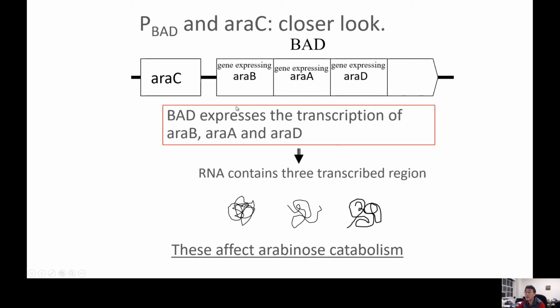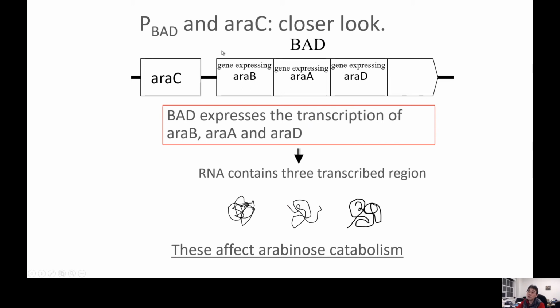Of course, as I said earlier, prokaryotes don't produce these proteins unless needed. If the energy source isn't there, there's no reason for them to expend energy to produce these proteins, so it just stays inactivated and doesn't produce them.